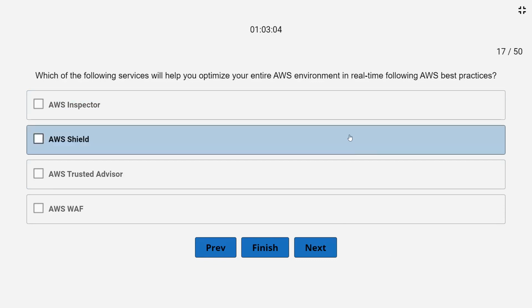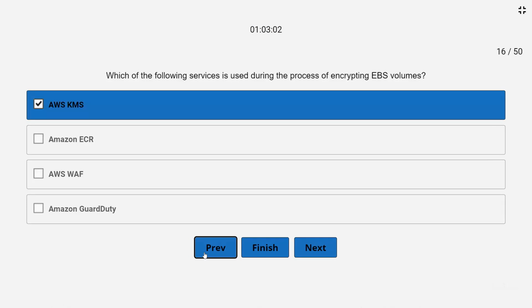Okay, Rosemont, clarify this for me. Which one? Is it this question? Okay, so whatever handles encryption, right? As far as encryption is concerned, with EBS and encryption, you are creating access keys to access your volumes.